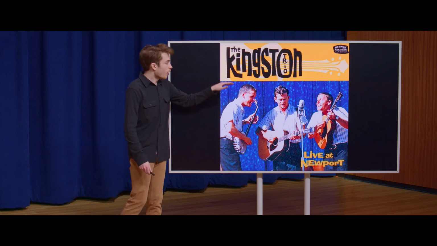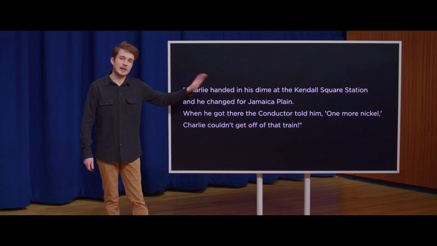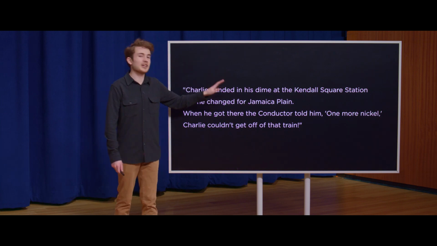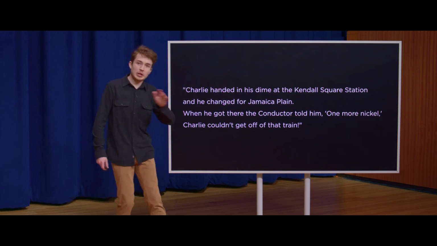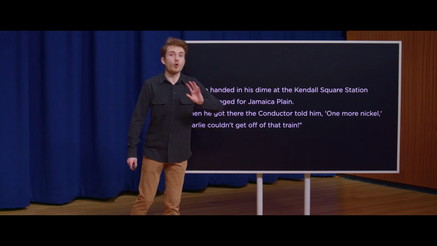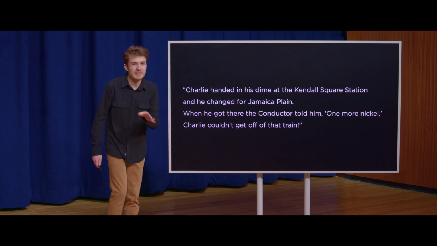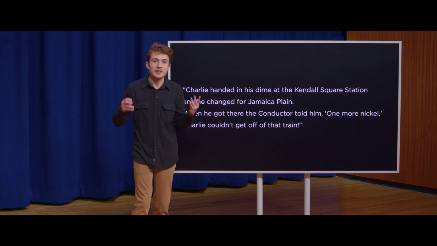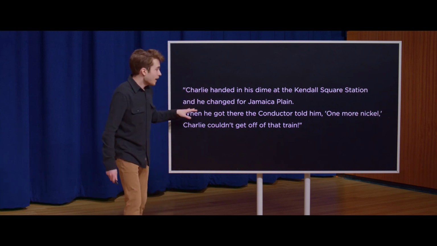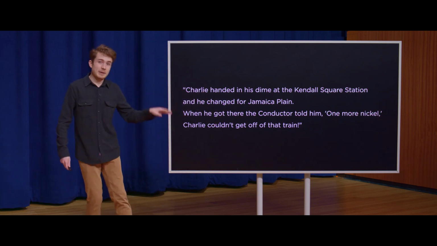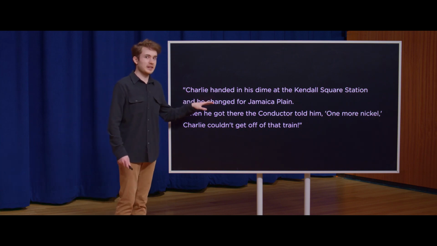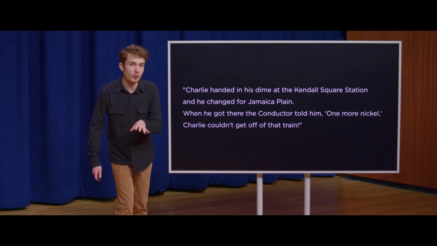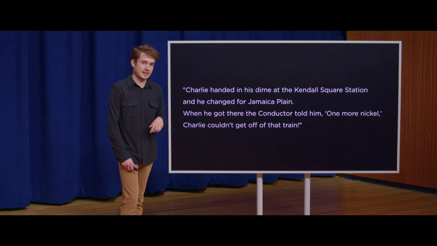Charlie supposedly got on at the Kendall Square station where MIT is, and he made for Jamaica Plain. But once he got to Jamaica Plain, the conductor asked him for one more nickel, and well, he didn't have that nickel. So he got stuck on the train for years and years and years and couldn't get off of the subway. So keep in mind, when you're writing your own database constraints, making sure that if you get on the train, you're able to get off of it at some point, right? Don't end up like Charlie in this case.